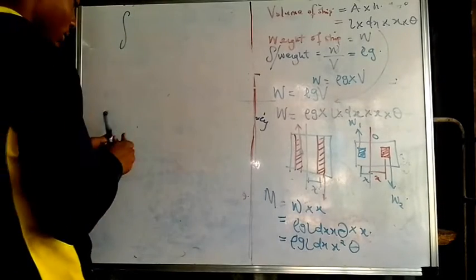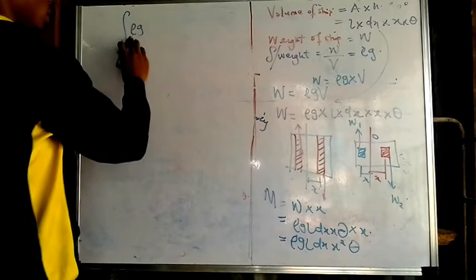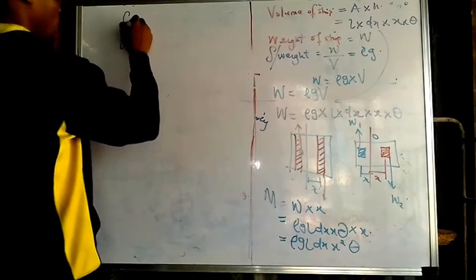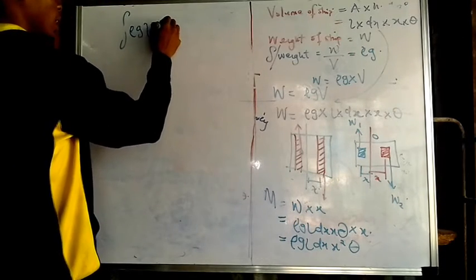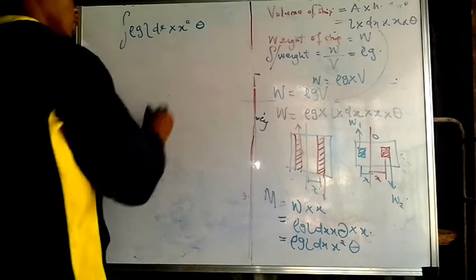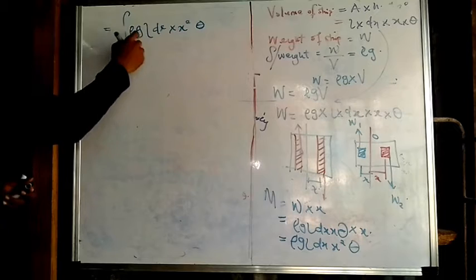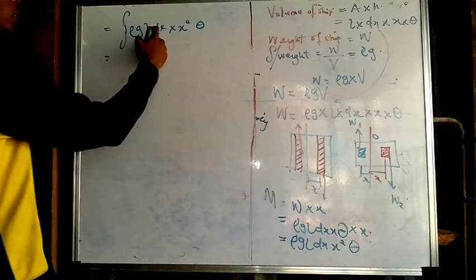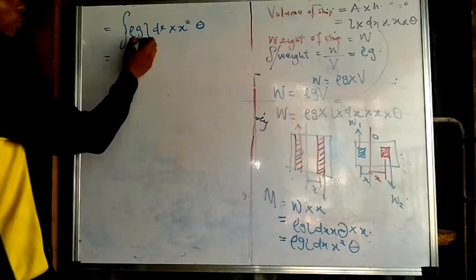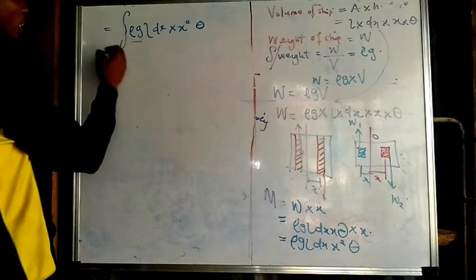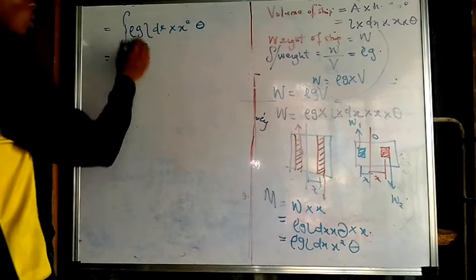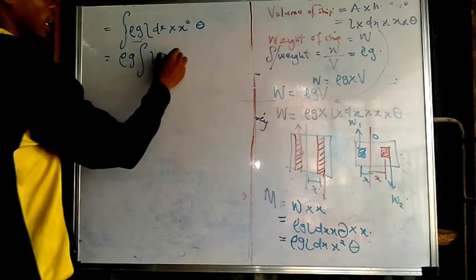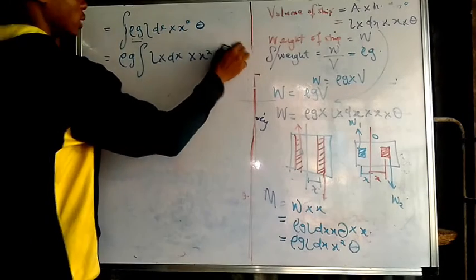So integrating density times acceleration due to gravity times length times dx times x squared dθ. Getting the moment of the whole cylinder, density times acceleration due to gravity are both constant, so we take them out in front of the integral sign. Then we have length times dx times x squared dθ.